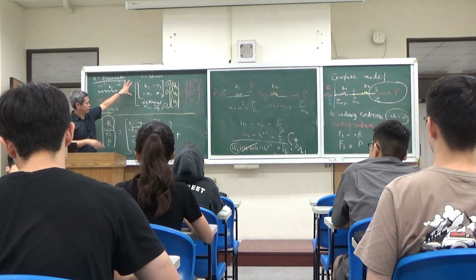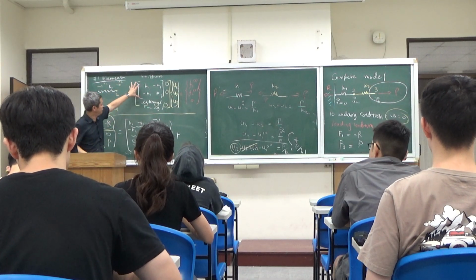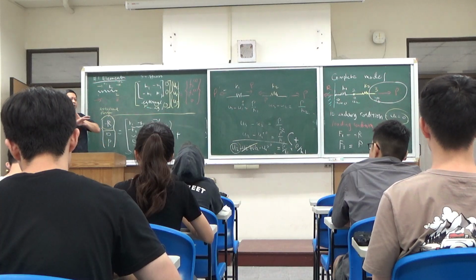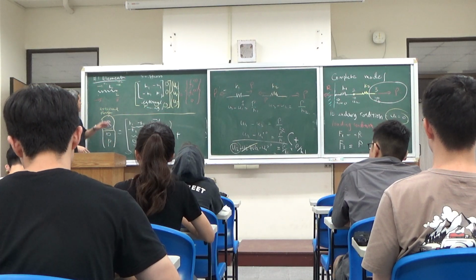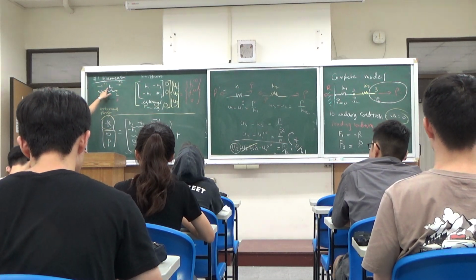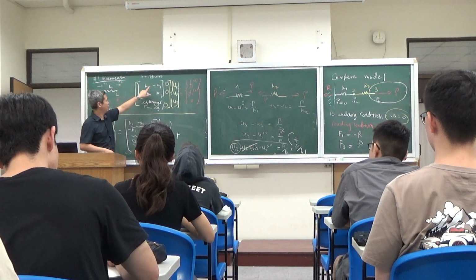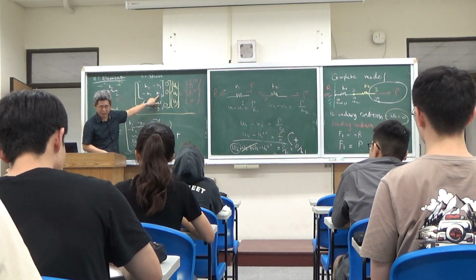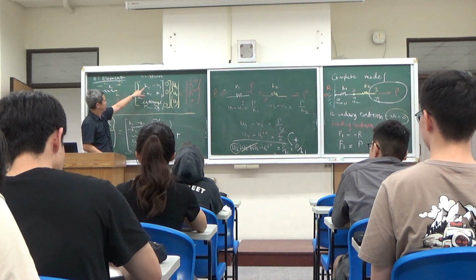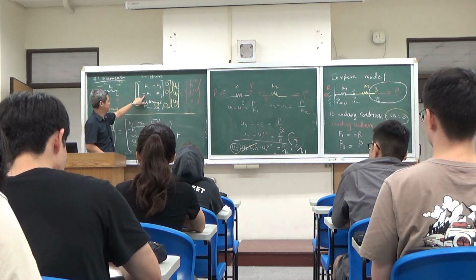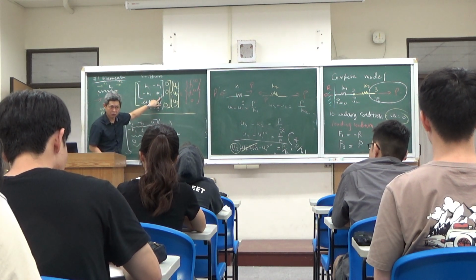The form of the stiffness expression is the same. For element 1, you have K1, minus K1, minus K1, K1. For element 2, you have K2, minus K2, minus K2, K2.